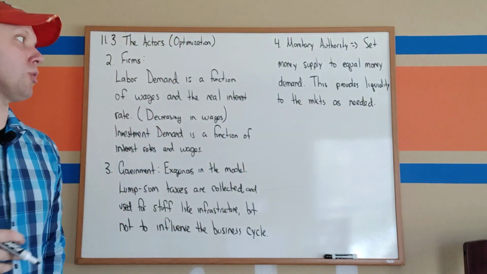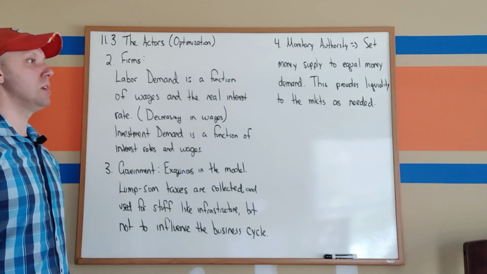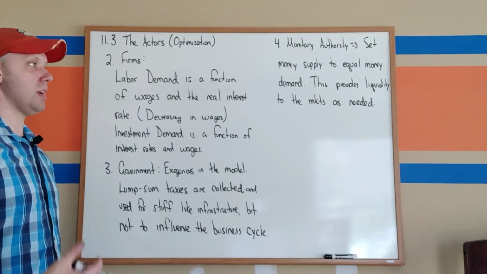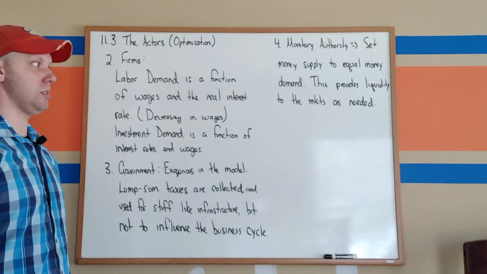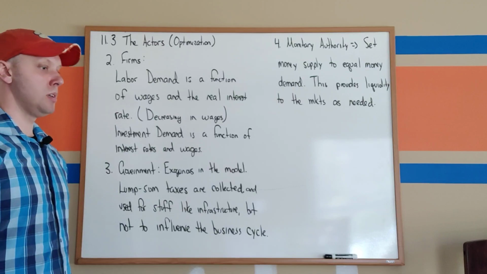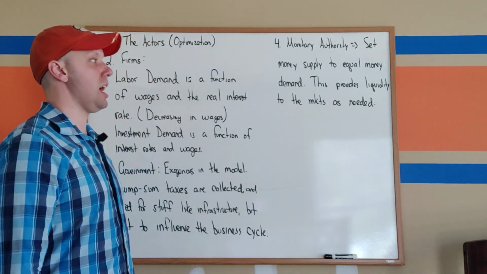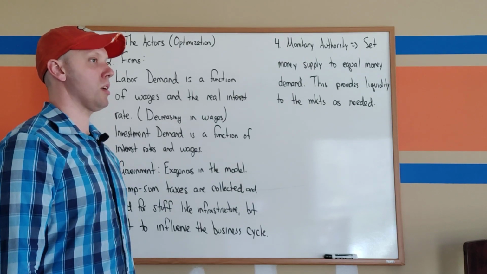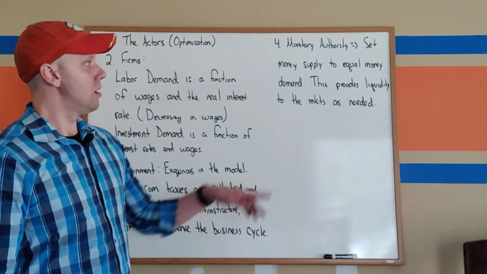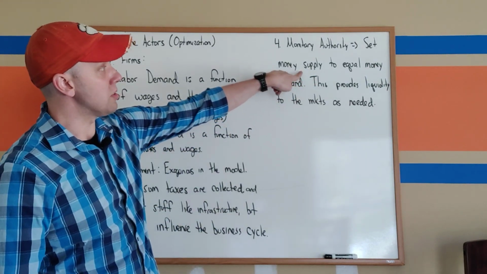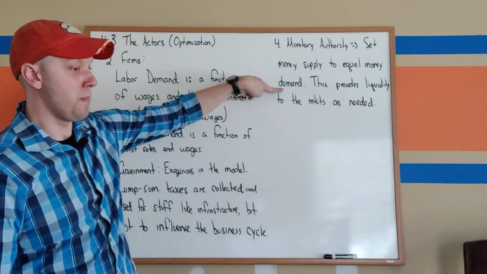So what's liquidity? Well, liquidity is simply how quickly an asset can be converted into cash. The quicker and more easily an asset can be converted into cash, the more liquid it becomes. So they're ultimately just converting certain types of assets into cash, or converting cash into certain types of assets to provide liquidity, or money supply, to meet the demand for money. That's all they do.